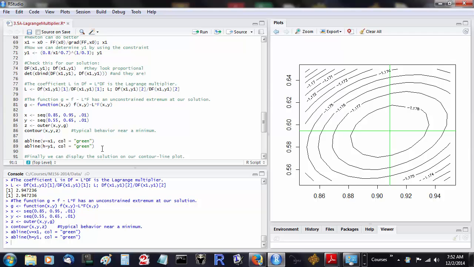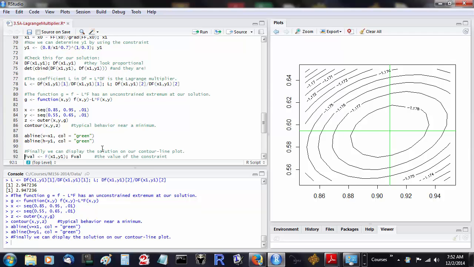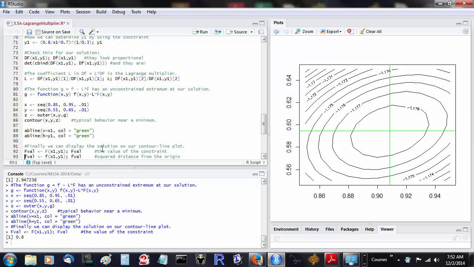Now let's go back and display the solution we have found. The value of the constraint is obtained by plugging x1 and y1 into our constraint function. It comes out to be 0.8. The square of the distance from the origin is obtained by plugging our solution into little f.